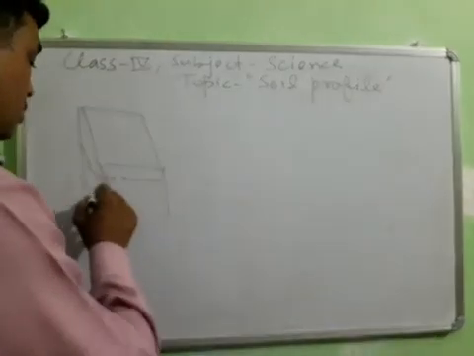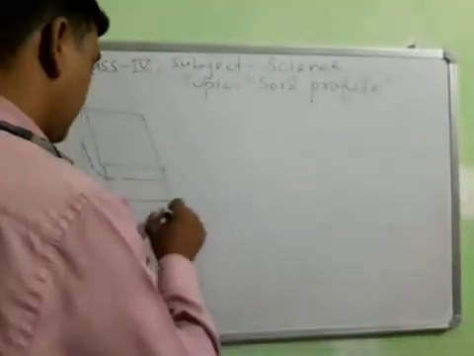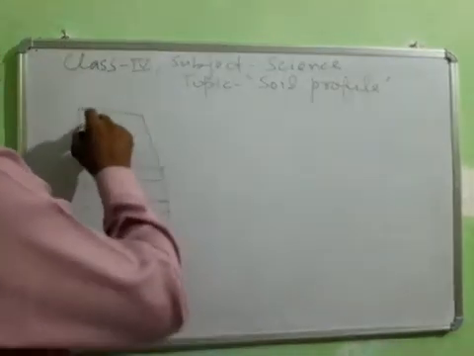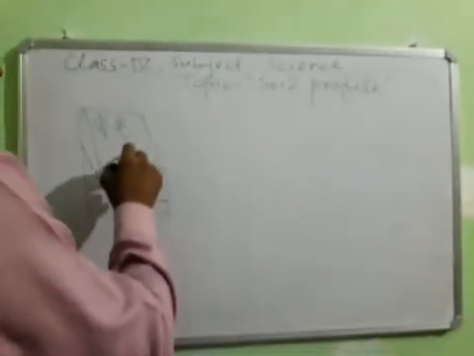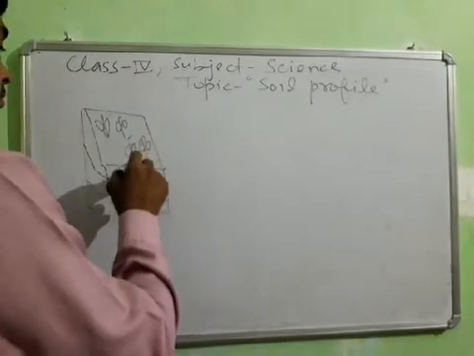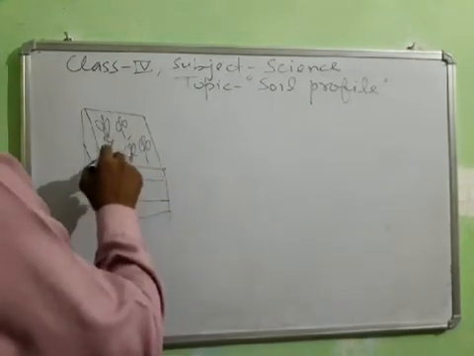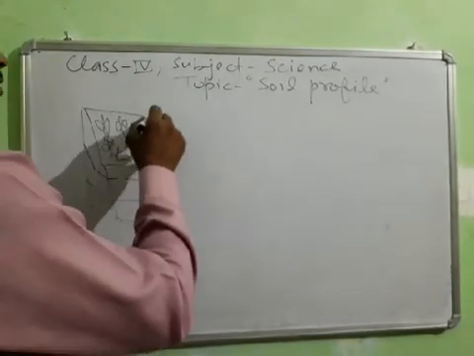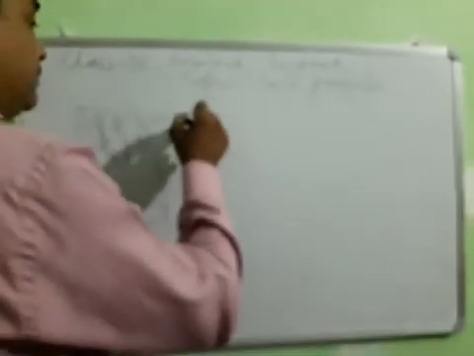Okay, so mainly there are 3 layers. Some plants grow on the upper part, that is the O horizon.